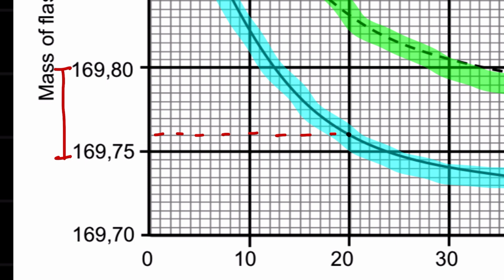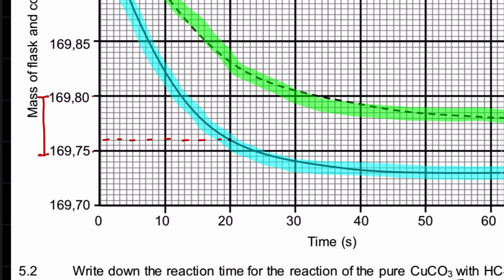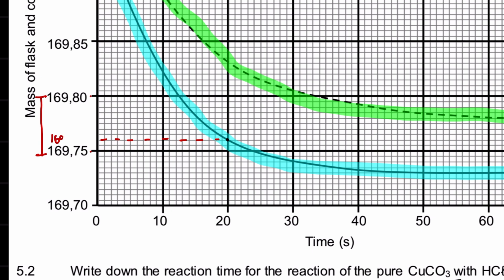Now you divide that by the number of blocks between the two points, which is 10, so each block is 0.05. From here to here, you're going up by 2 blocks, so you add 2 times 0.05, and you get 169.76. That's the mass left after 20 seconds.